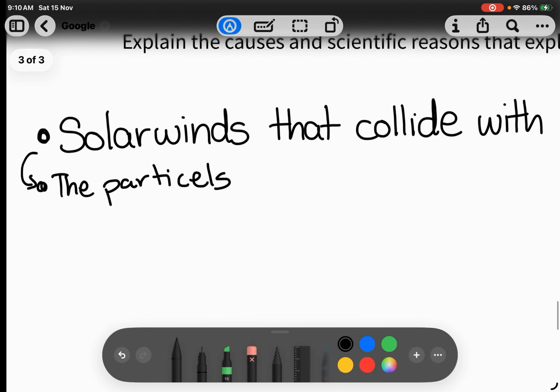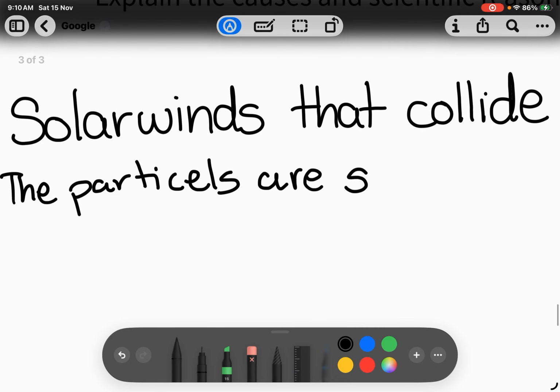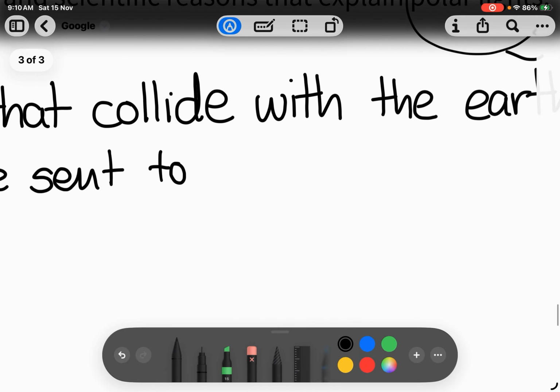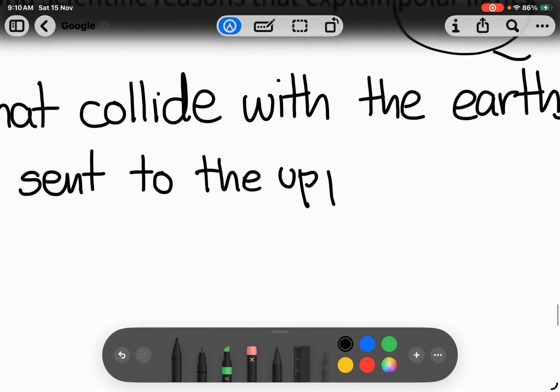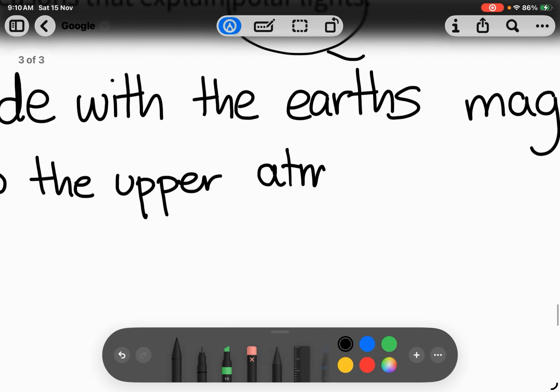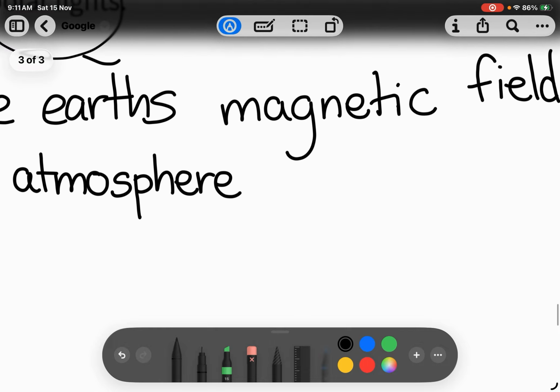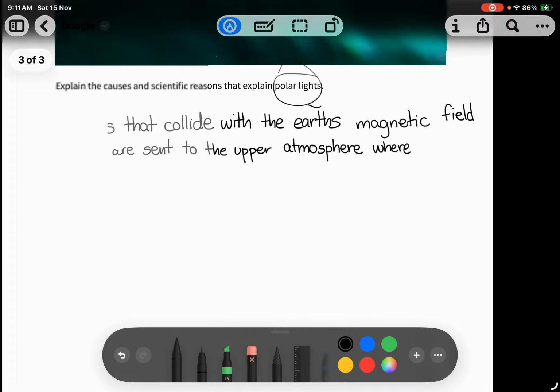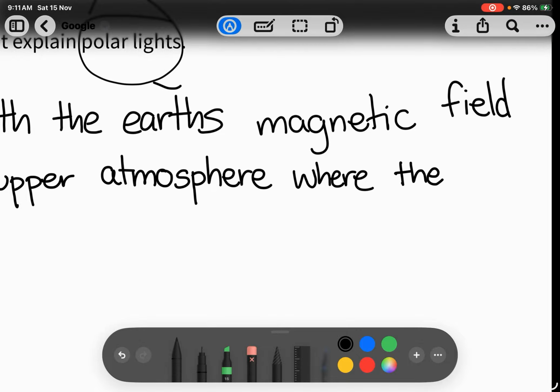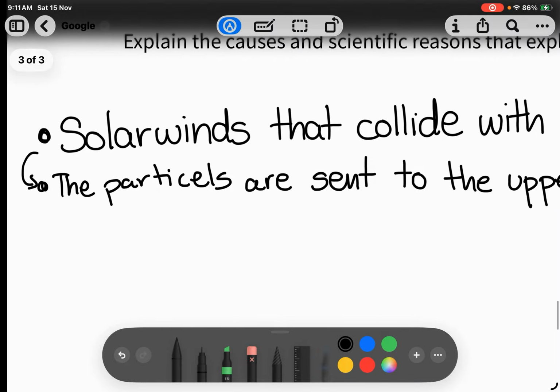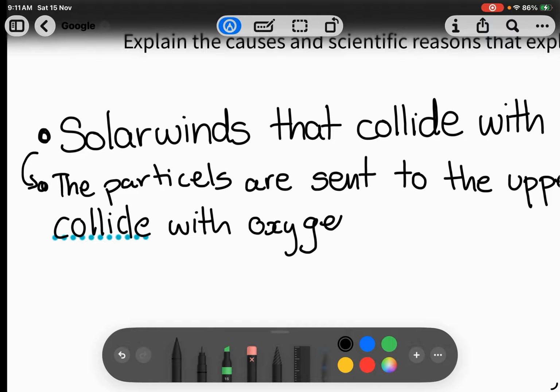So the particles are sent to the upper atmosphere, where they can collide with the gases in the air. Since oxygen and nitrogen are most present, I'll just write oxygen at 21% and nitrogen.